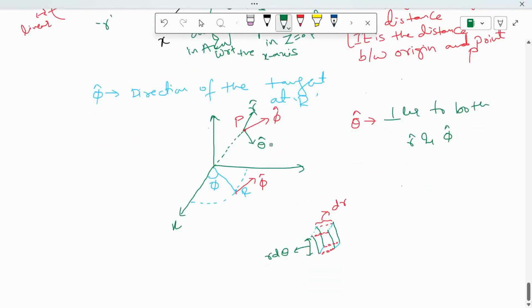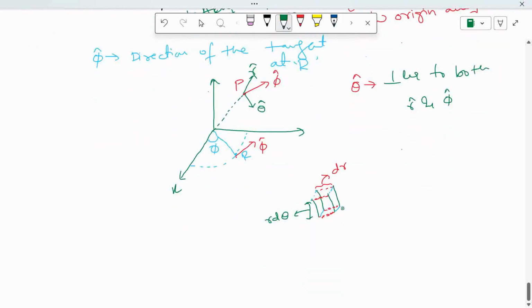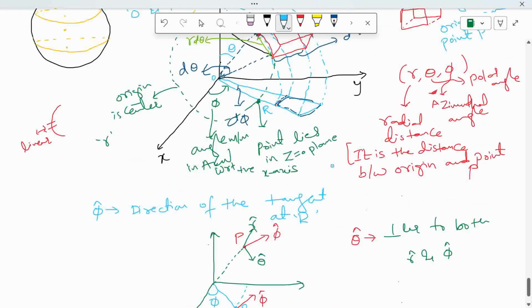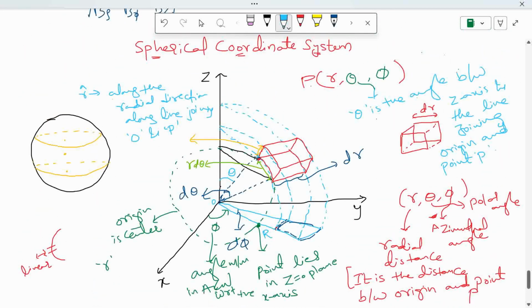Now we have to determine the sky blue part. So how much is this side? In order to find that, observe here. Suppose when you take the earth, you will observe the latitudes and longitudes.